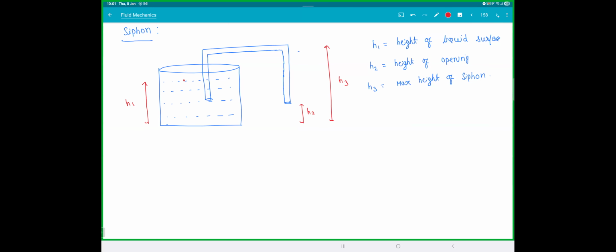So assume this is point 1. Liquid from here, this is a streamline, is flowing through the siphon. Then it flows out. Let this be point 2, and let this be point 3. Point 1 is on the surface and point 2 is just outside the opening.